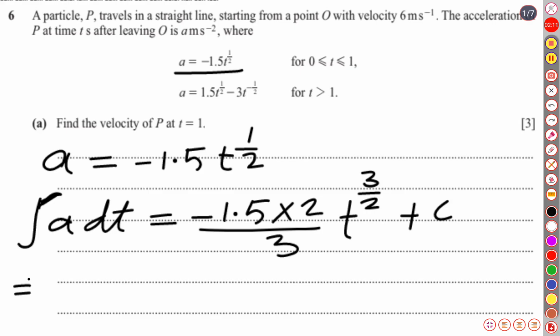Plus the constant number. If we integrate acceleration, we know that this is velocity. So velocity is equal to 2 into 1.5, that is negative 3. So it is going to be negative t raised to 3 over 2 plus c. Now let's see what the constant number is. They have told us that when the particle started from the point O, the velocity was 6. So t is equal to 0 when velocity was 6.